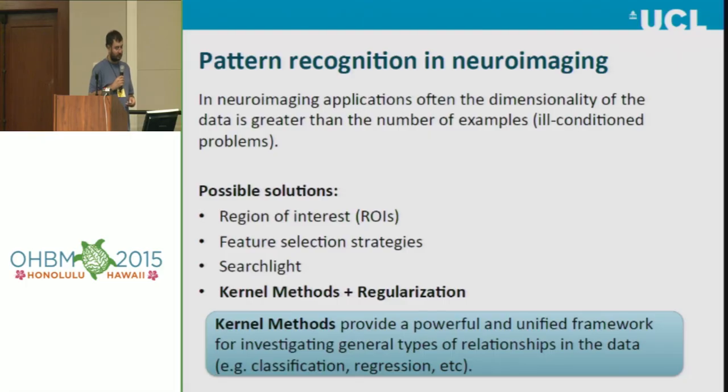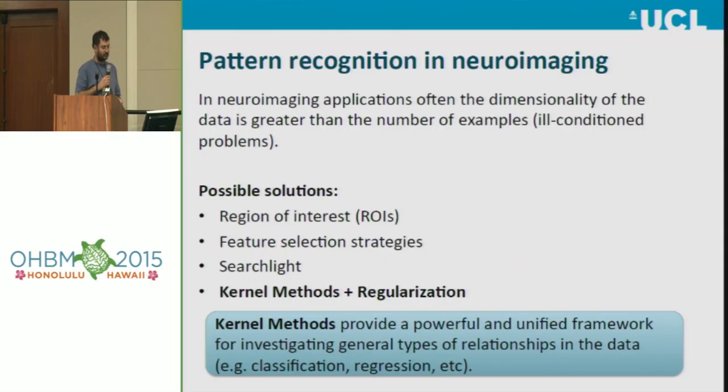So there are possible solutions for this. You can use a region of interest. For example, if you have some prior knowledge about a particular region, use that to reduce your dimensionality. You could instead use a data-driven feature selection strategy, which once again will reduce dimensionality.